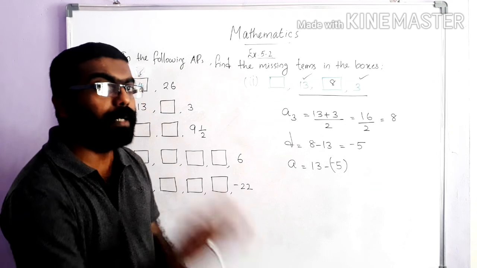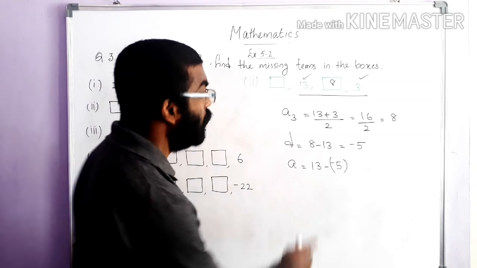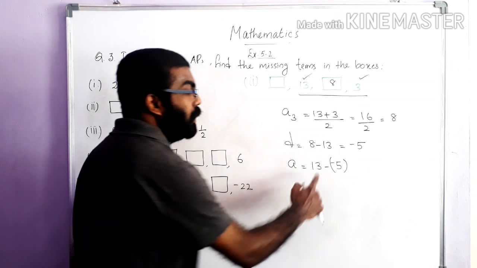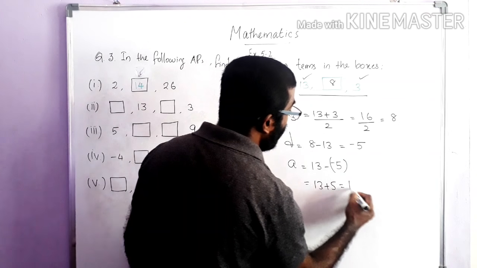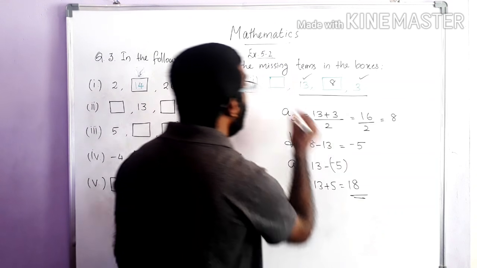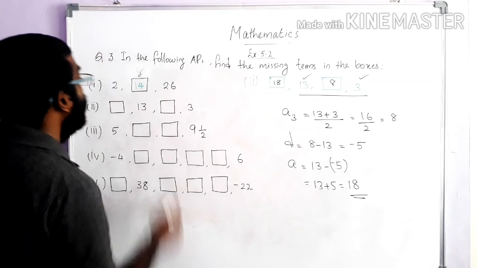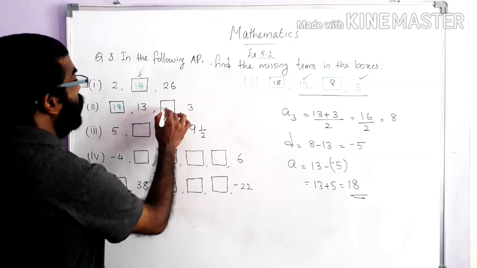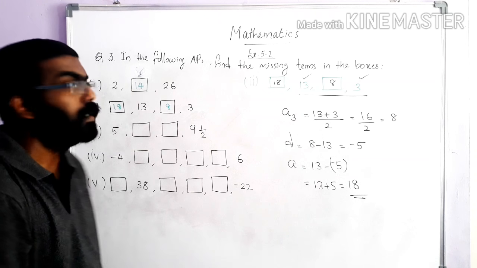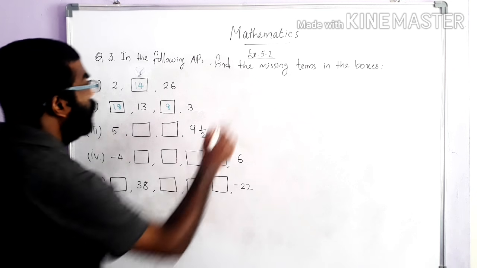So in order to get the previous term, we have to do the reverse operation. That is why I subtract here. 13 minus minus 5 is 13 plus 5, which is equal to 18. So the first term is 18, and the third term is 8. Understood? Now we move on to the third one.